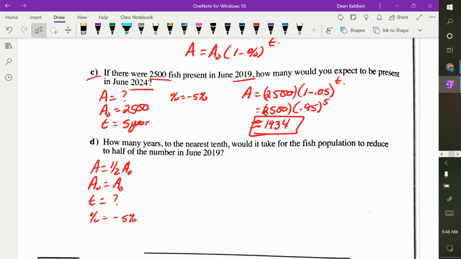So when you put it into the formula, you get that.